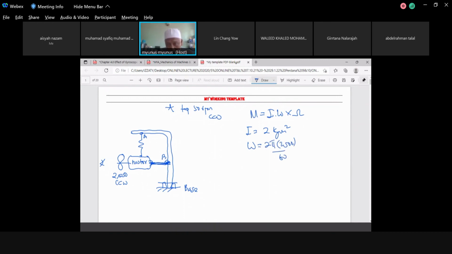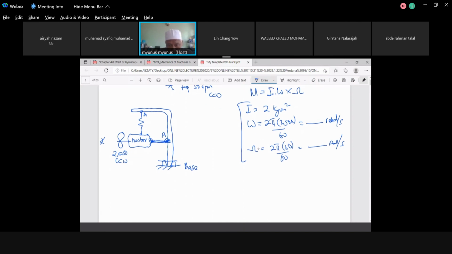You will have this one in radian per second. And you have the precession also defined by 2 pi by n, n is 50 RPM, divided by 60, you have another value in radian per second. So you can calculate this one easily. Then finally, you'll be getting M is equal to something Newton meter.